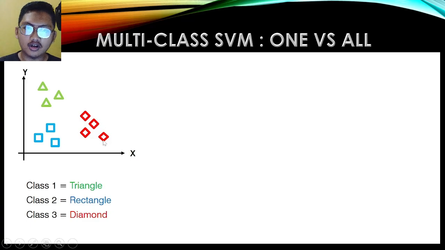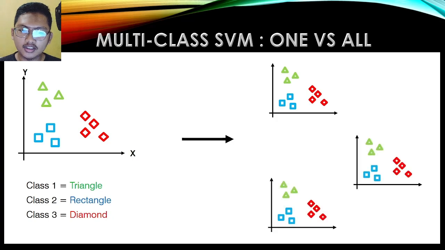There are four of them. Okay, so after that, we have this data set. We're going to divide it into three models, three SVMs. We're going to split it. So here we have three similar SVMs. Then we're going to put the hyperplane one against all, against the others, like this.